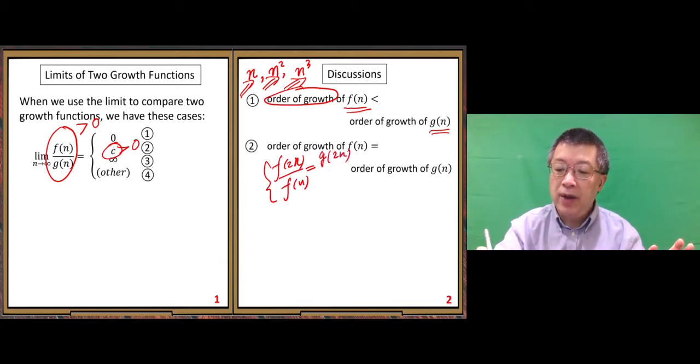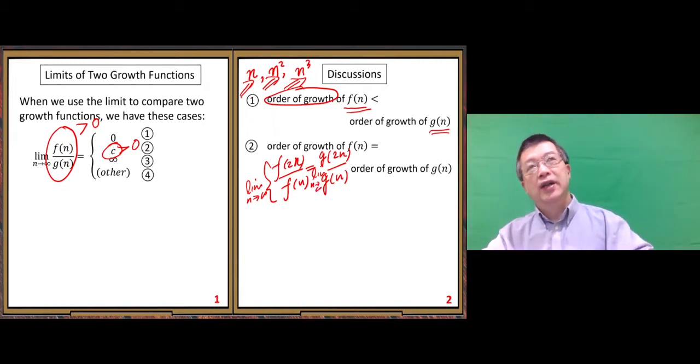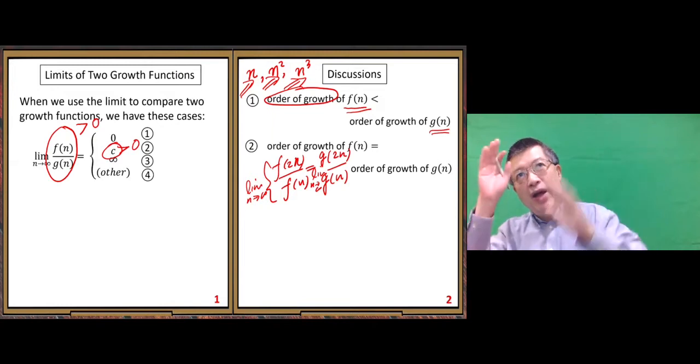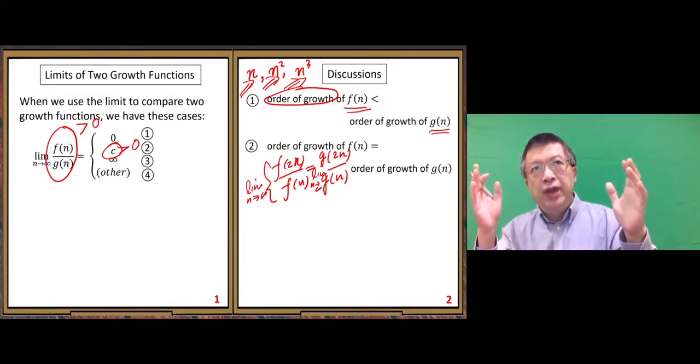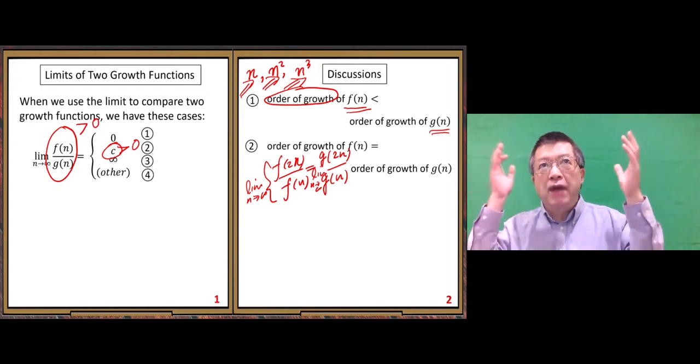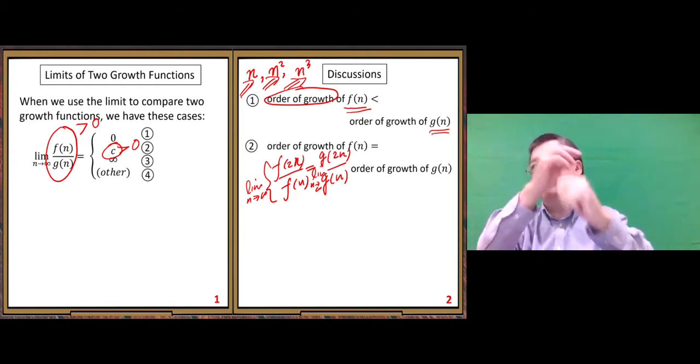So if you compare the limit when n goes to infinity, now you can understand why that c is different, but we still treat these two functions as having the same order of growth.